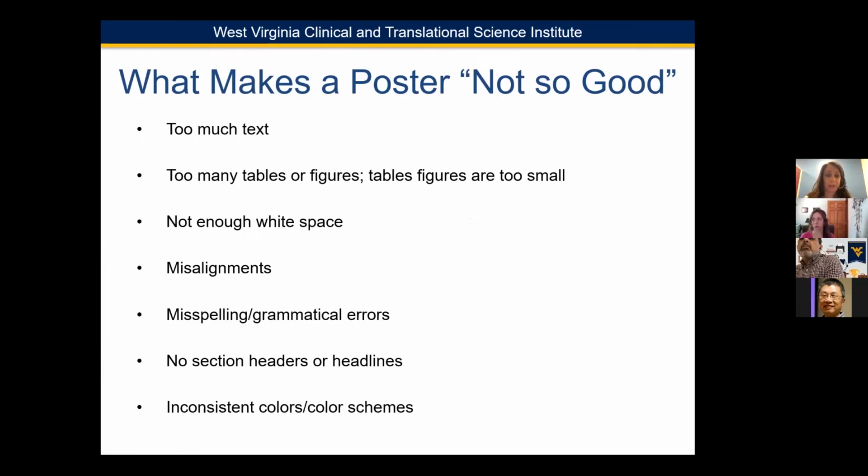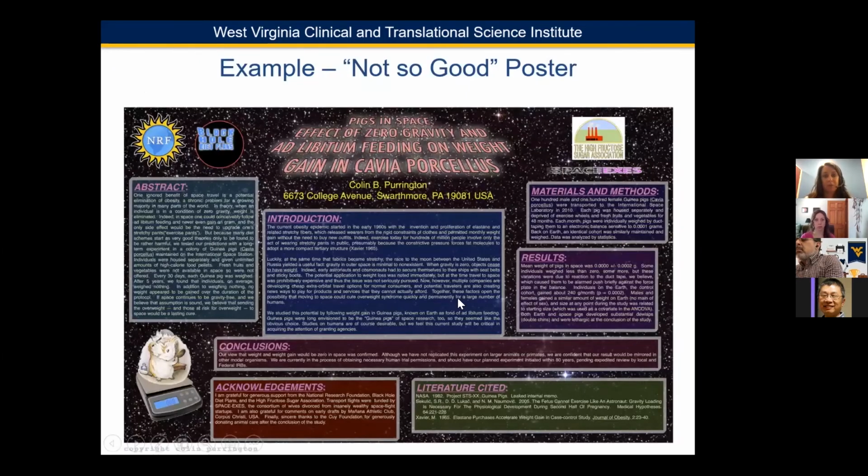Not enough white space. Misalignments, misspelling, grammatical errors, not having section headers to help orient attendees to each of the different sections or components of your study and helping them understand what the main takeaways are, and then using inconsistent colors or color schemes. So this is an example of a not so good poster.